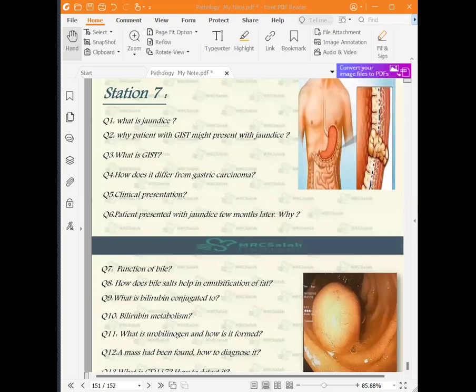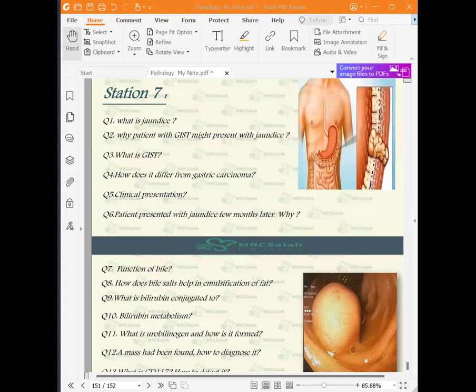What is jaundice? Yellow coloration of skin, skin tissue and body fluid due to increased bilirubin in the blood. Why might a patient with GIST present with jaundice?